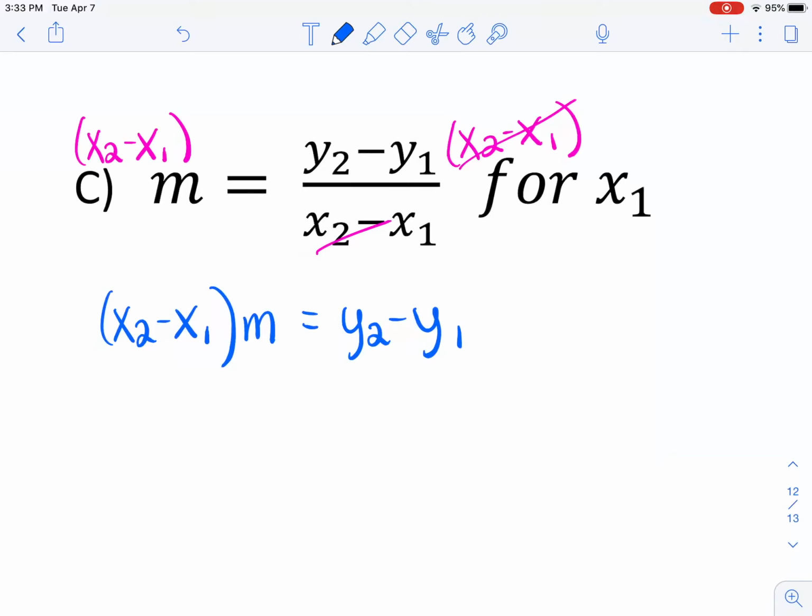Remember, we're trying to solve for x sub 1. Right now, we have a little bit of a problem because x sub 1 is inside parentheses. To rewrite it without parentheses, we can just simply distribute the m. When we do that, we end up with x sub 2 times m minus x sub 1 times m equals y sub 2 minus y sub 1.